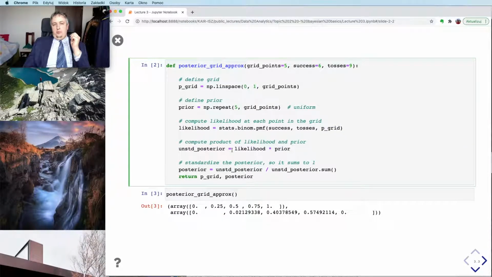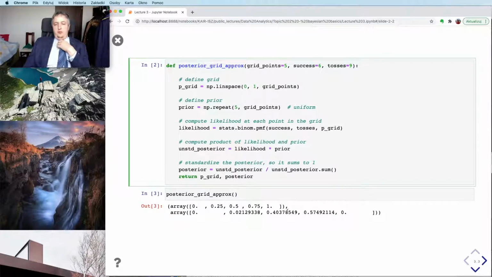Then we compute the unstandardized posterior. So we multiply the likelihood times the prior, and then we standardize the posterior by dividing the unstandardized posterior by the sum of all these values. So now it will sum up to 1, and this function will return the grid points that we have and the posterior.